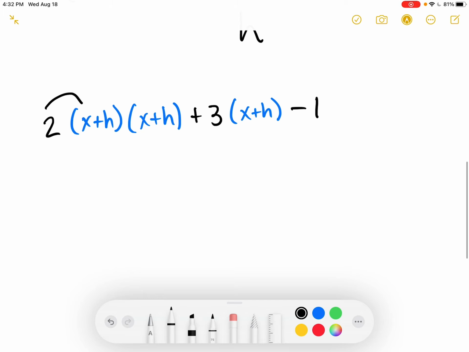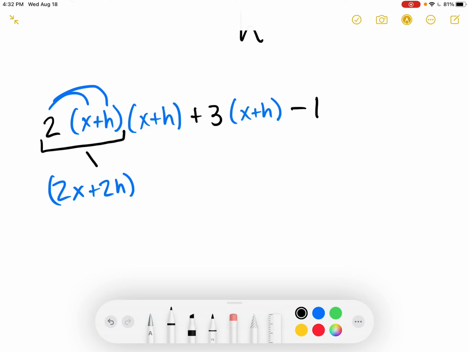So I'm going to distribute this here. 2 times x is 2x. 2 times h is 2h, right? I'm going to put a parenthesis around that, and I'm going to use arrows to show you guys that this became this.